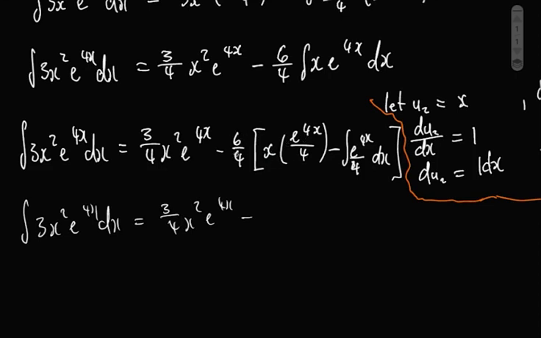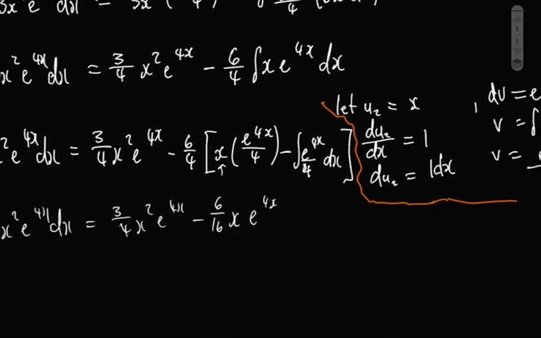This is multiplying 6 over 4. So if I'm dividing by 4, that means 4 is going to go again in my denominator, and my denominator will now become 4 by 4. That's 16. So it'll be 6 over 16 x e to the 4x.